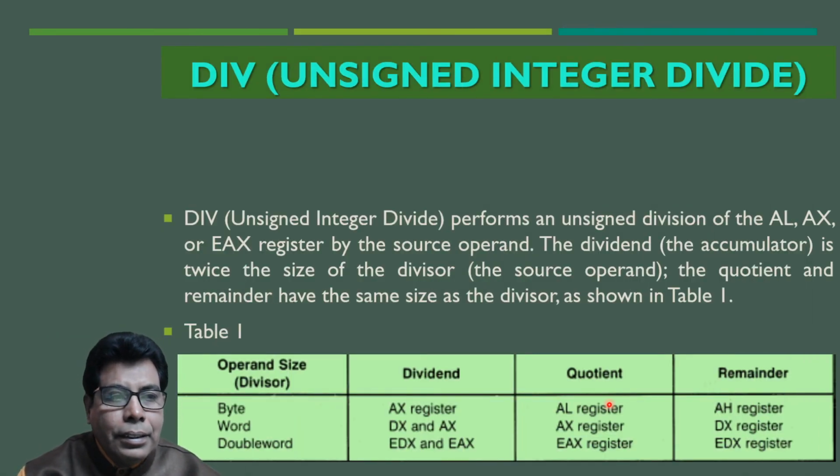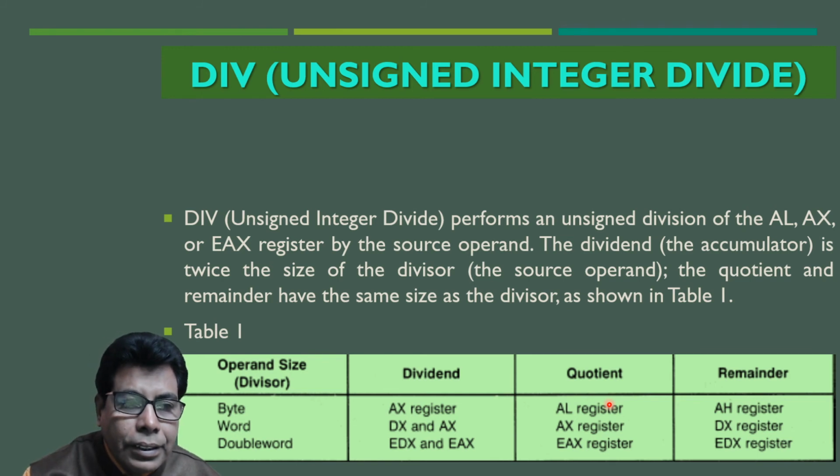Then the next instruction is DIV, or division instruction, unsigned integer division. Here it performs the unsigned division of AL, AX and EAX registers by the source operand. So the accumulator is divided by the source operand, and the dividend is twice the size of the divisor.